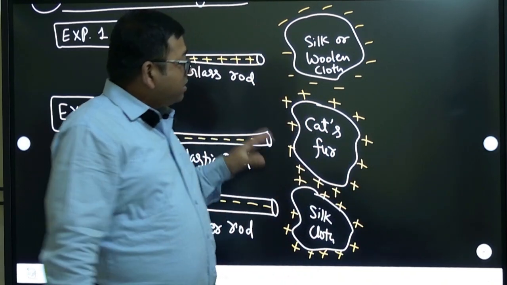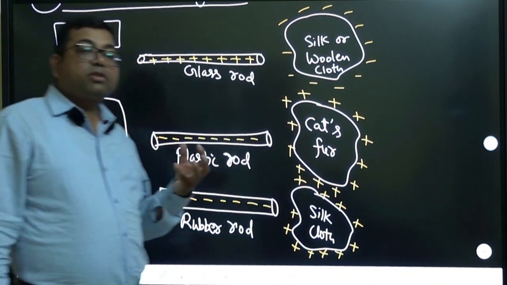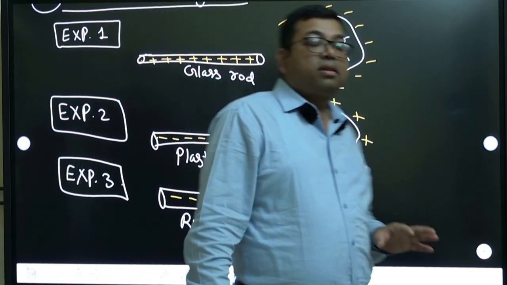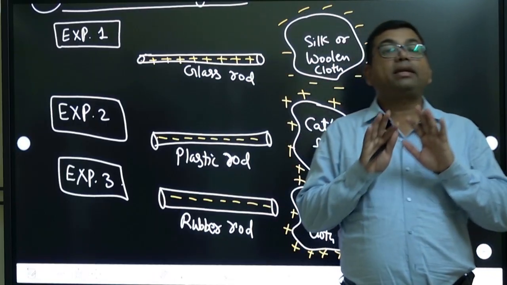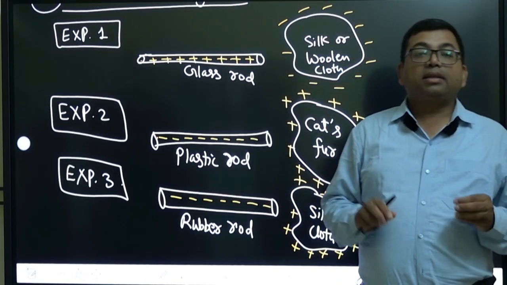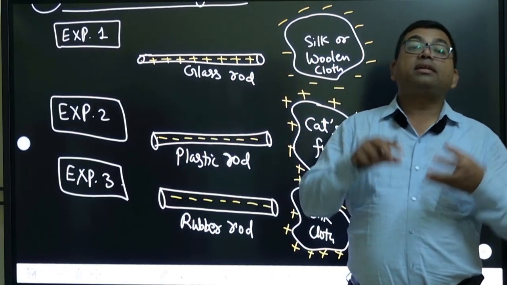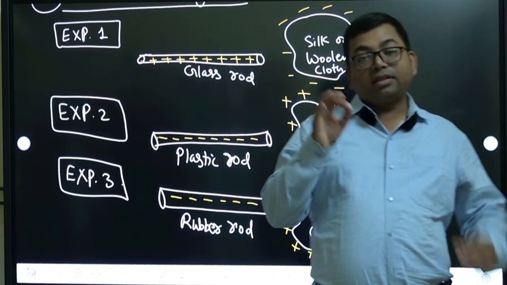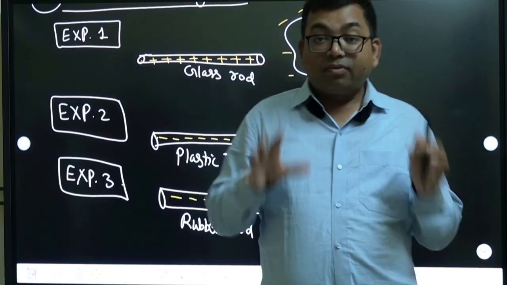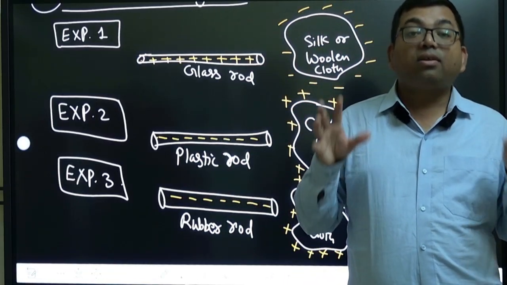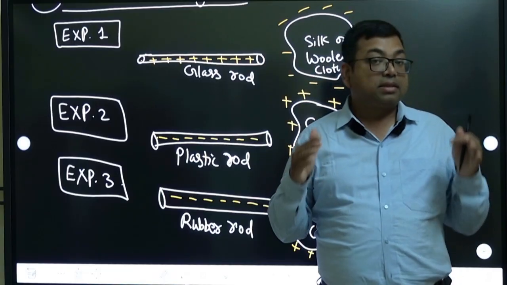So they decided to label the forces into two kinds. One they labeled as positive, another they labeled as negative. That is purely by convention, and nobody can say that it is only positive. For example, the charge of the electron is negative, all of us know, but it is fixed as a convention.